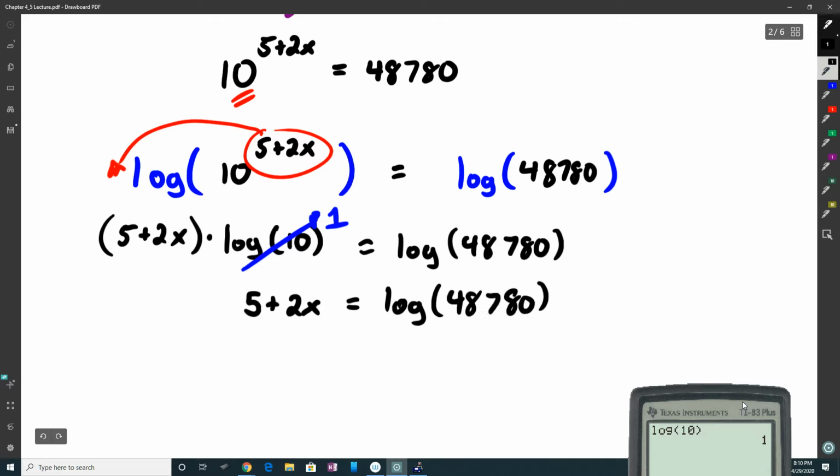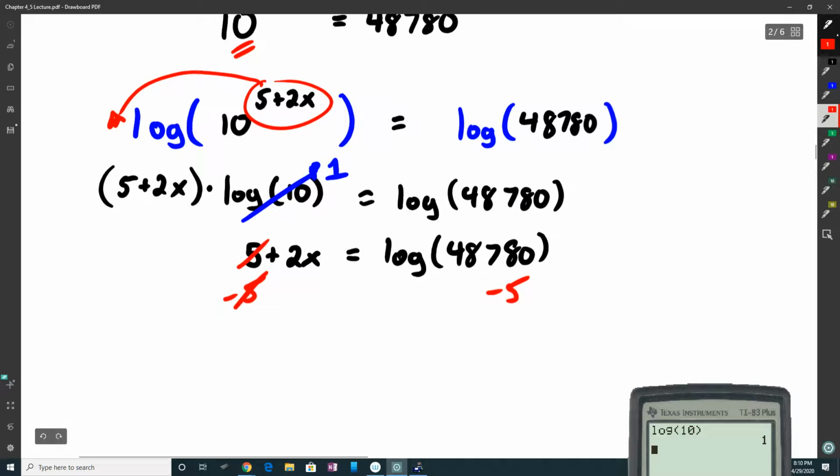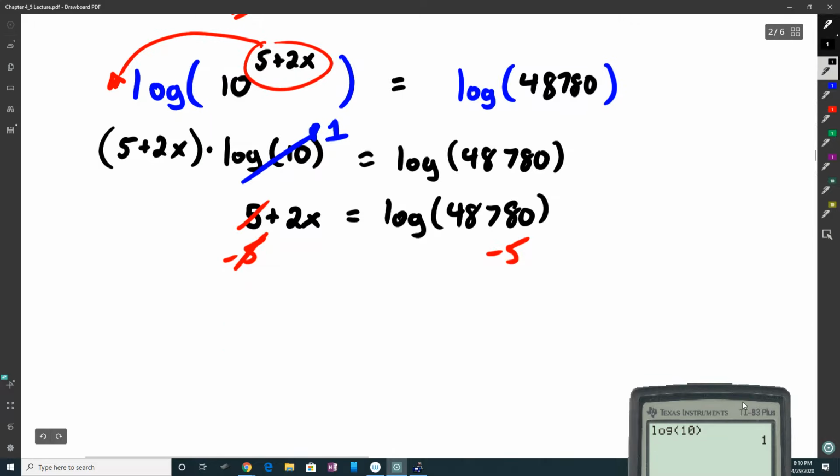And we can just solve for x. So I subtract 5. Minus 5. Minus 5. Now the 5 can't mix in with the log. That's illegal. We have 2x equals log of 48,780 minus 5. And then the last step is to divide by 2.